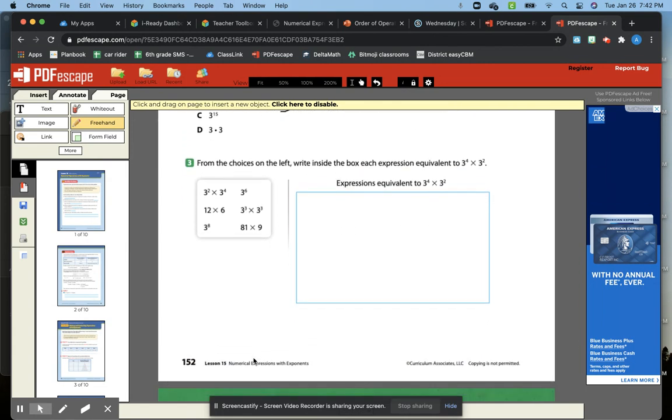From the choices on the left, write inside the box each expression equivalent to 3 to the 4th power times 3 to the 2nd power. Well, we know for 1, this one would work because all they did was take it and switch it.